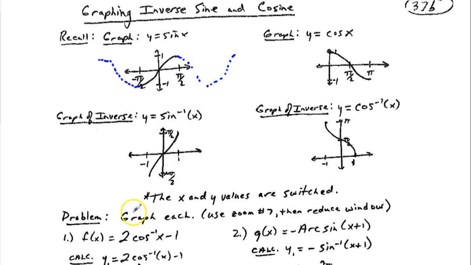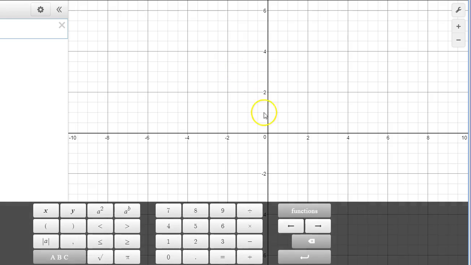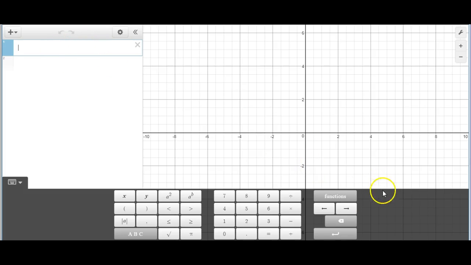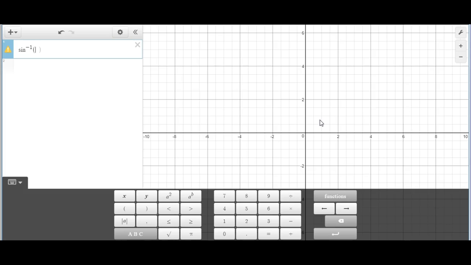Let's see what that function looks like in Desmos first, and then we'll use our graphing calculator. So go back a level, hit Start Graphing. Again, functions. Now you can see over here, I'm going to hit Functions, Inverse Sine of x. And you can see it is a function.